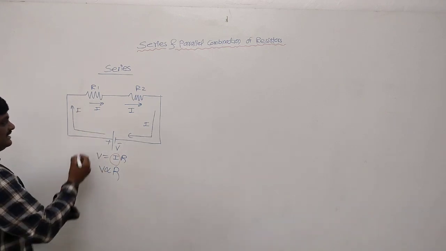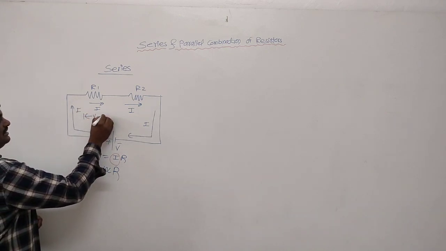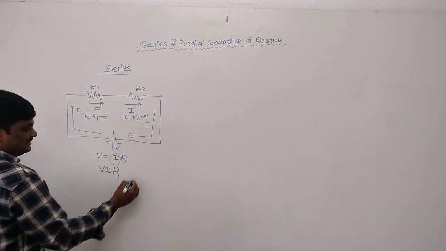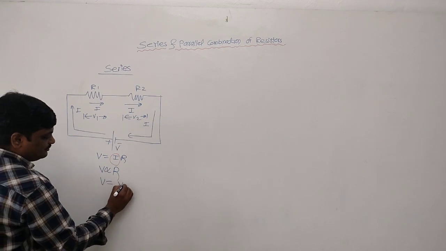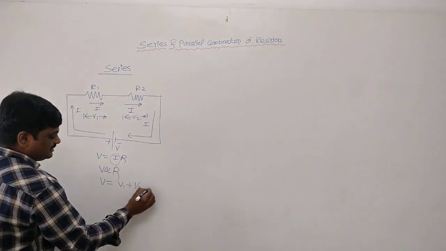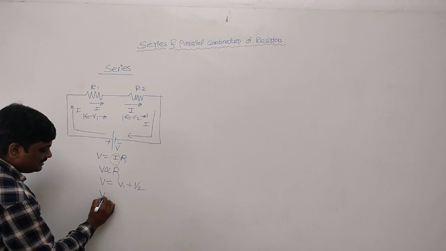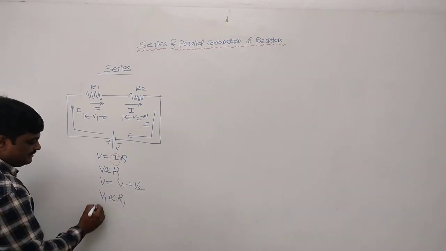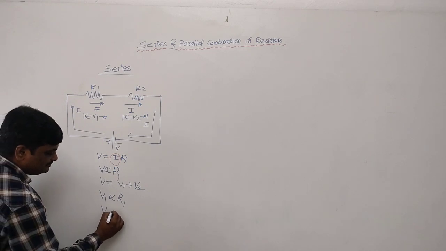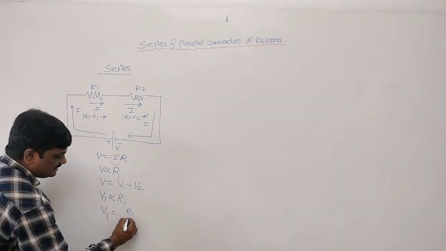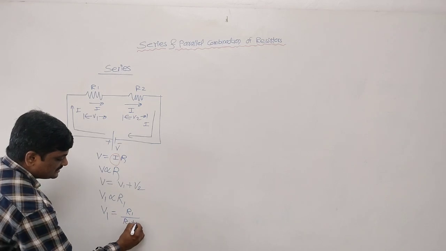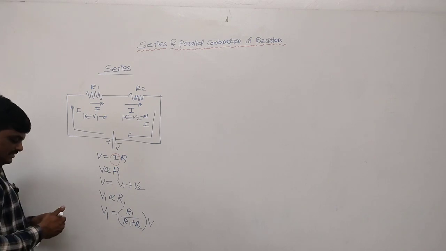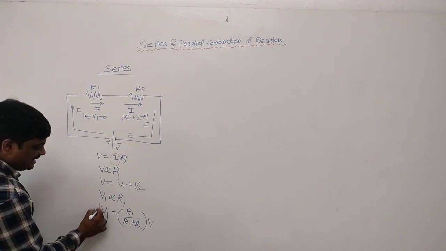Say V1 is the voltage across R1, V2 is the voltage across R2, then the total voltage V will be equal to V1 plus V2. And what is the value of V1? V1 is directly proportional to the resistance R1 and it is given by V1 equal to R1 divided by total resistance, that is R1 plus R2, multiplied by total potential V. This is the voltage appearing across resistor R1.